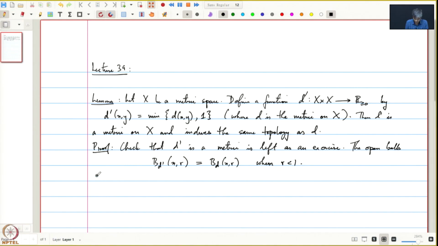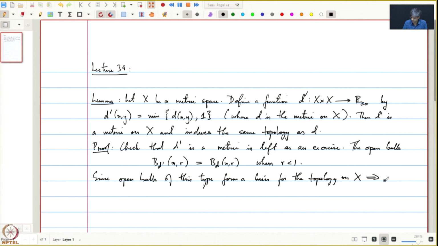And since open balls of this type form a basis for the topology on X, this implies that both generate the same topology.